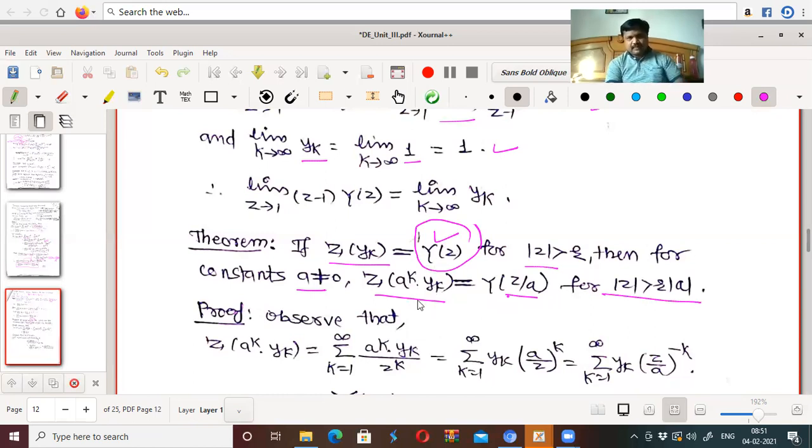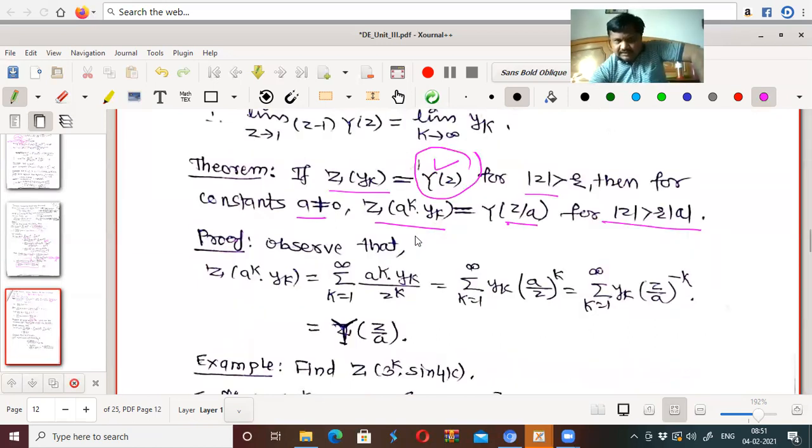That is the case only. Such a type of result we have proved in Laplace transform also. Here we want to again prove it for z transform. So if we know the z transform of any sequence y_k, then we can obtain the z transform of y_k into a to the power k by replacing z by z by a in the z transform of y_k.